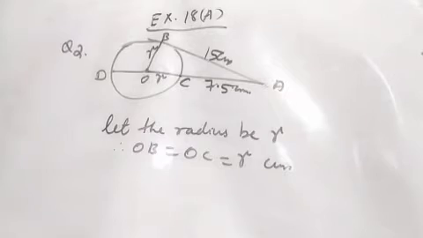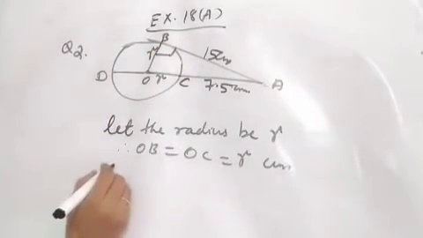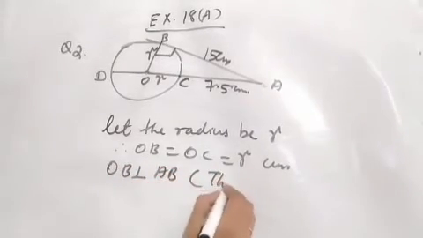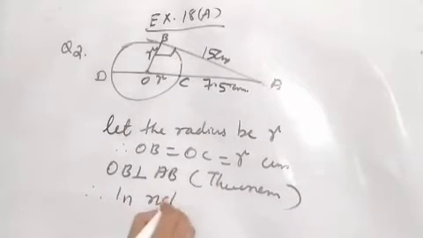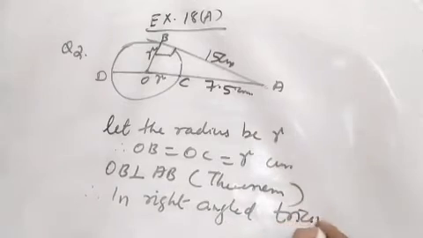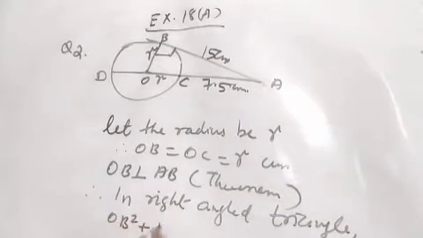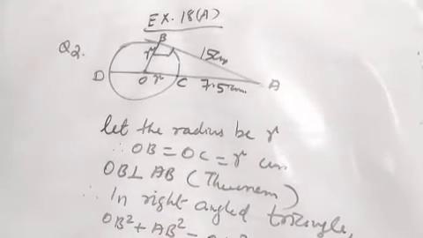Now we can apply Pythagoras theorem. Why we apply Pythagoras theorem here? It's a right angle triangle. OB is perpendicular to tangent AB by the theorem. Therefore, in right angled triangle, OB square plus AB square is equal to OA square.